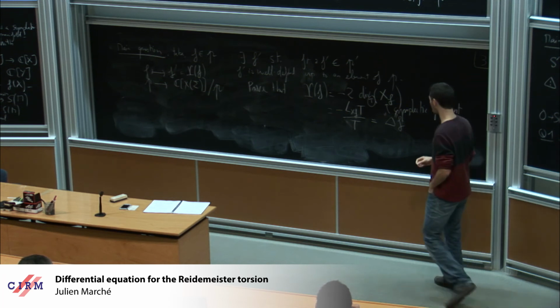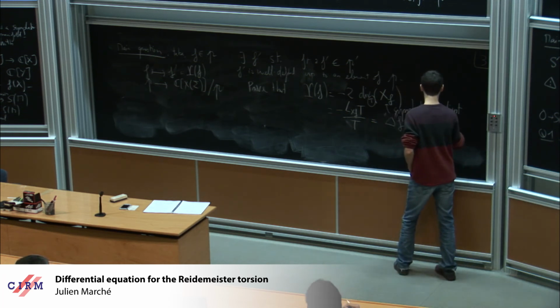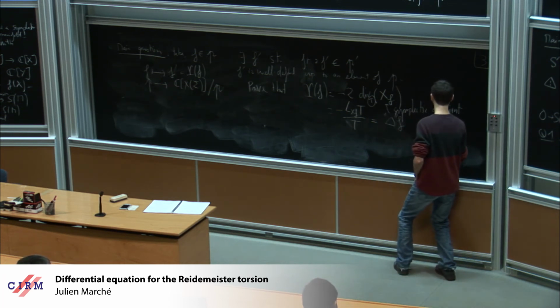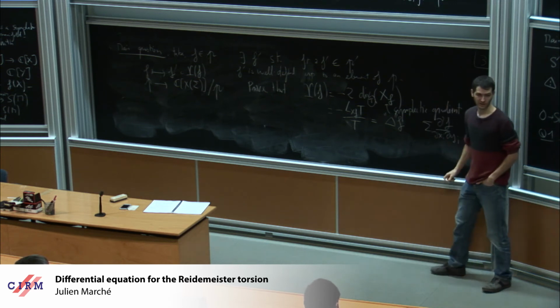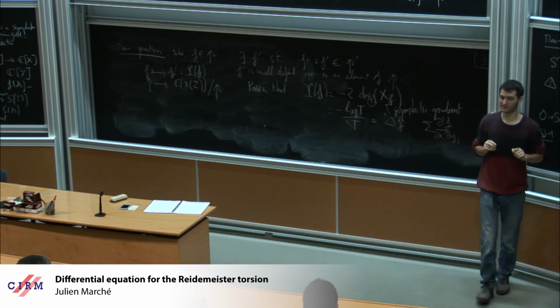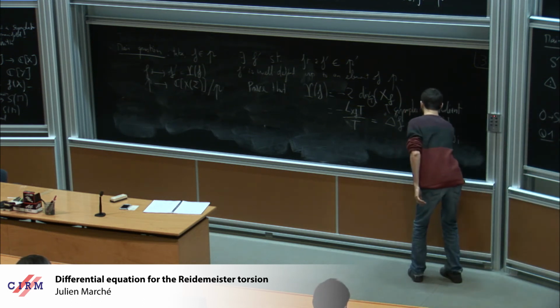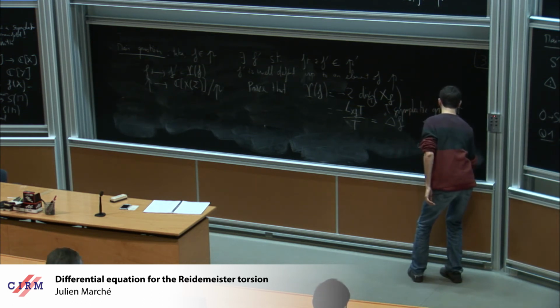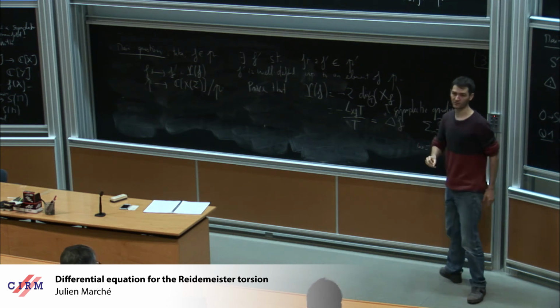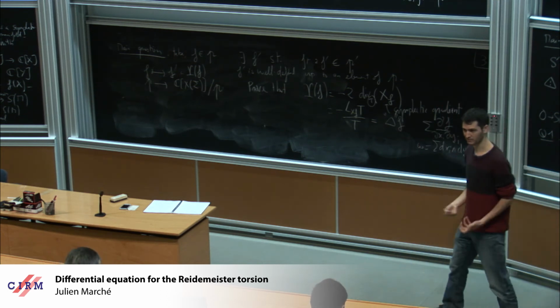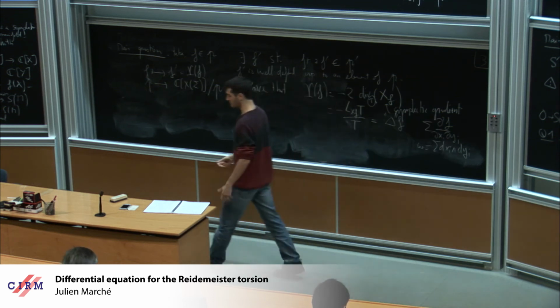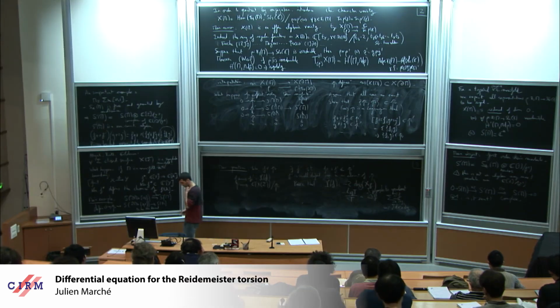If you write down the formula, it's really a sum of d2f over dx_i dy_i, where x and y are Darboux coordinates, such that omega is a sum of dx_i wedge dy_i, if you really want to write an explicit formula here. So that's the main question I'm really interested in.